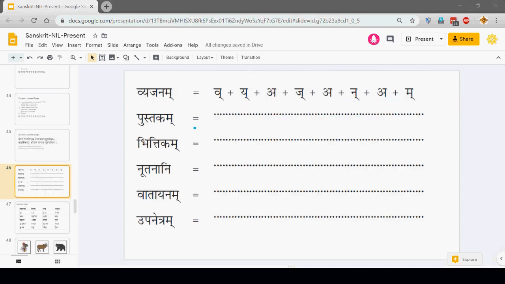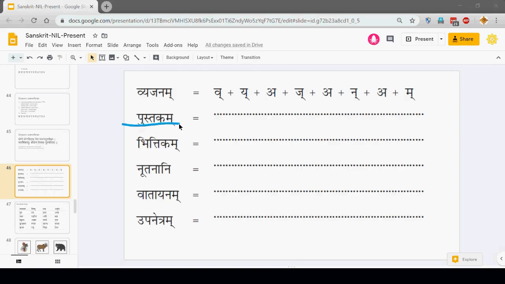Then similarly there is Pustakam. When you are practicing writing, you might want to, at least for some of them, write them separately like this. Take a word and dissect it, separate the consonants and the vowels and try to pronounce them. We'll see that in the next one.